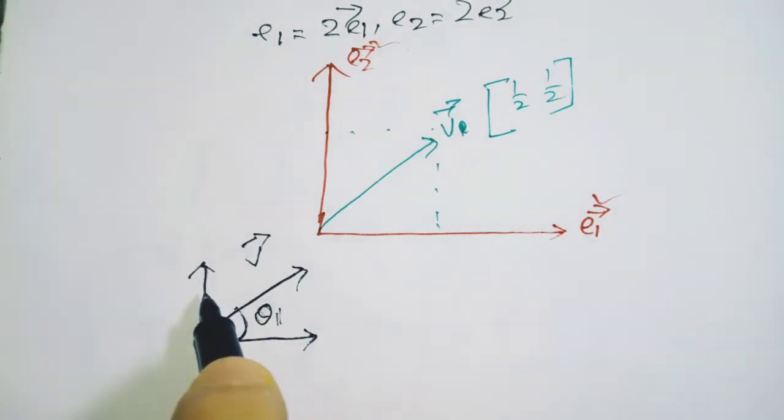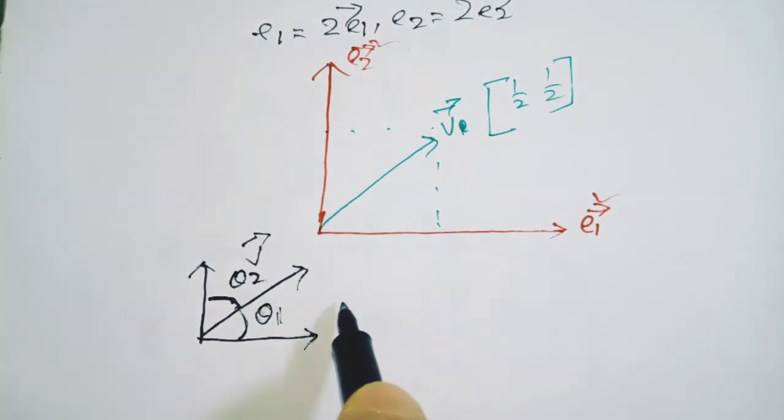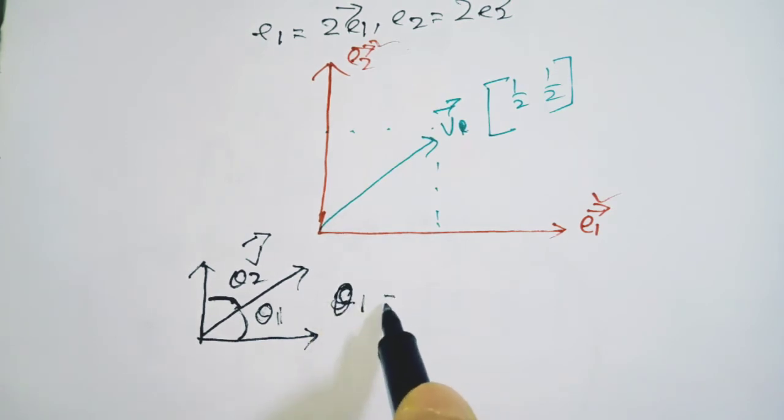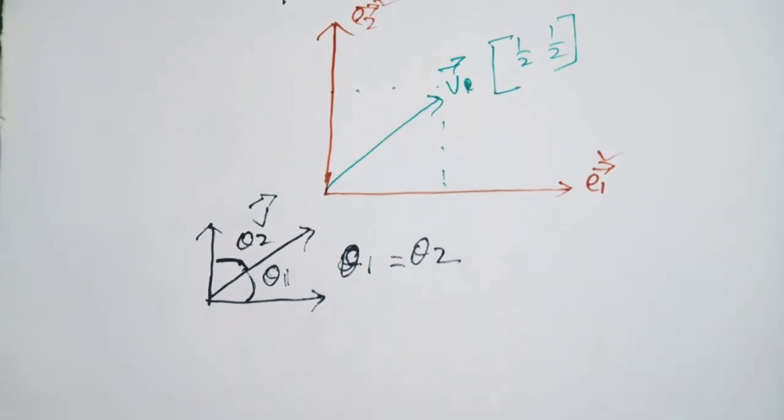Let us assume it is going at 45 degrees, so theta 1's value is more or less equal to theta 2.